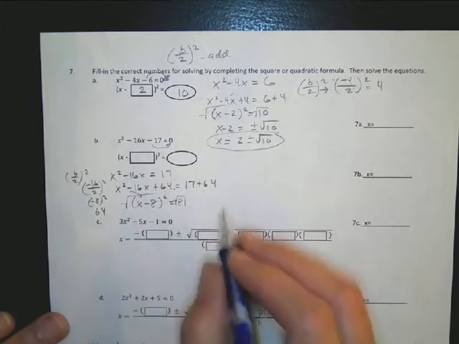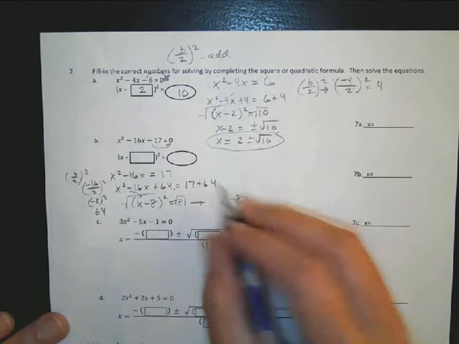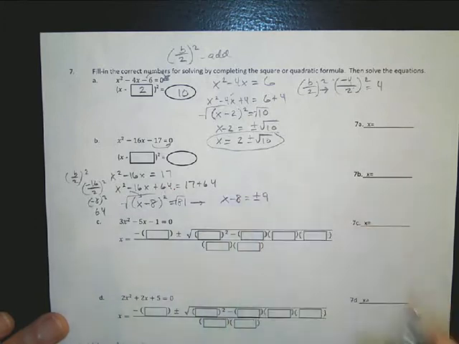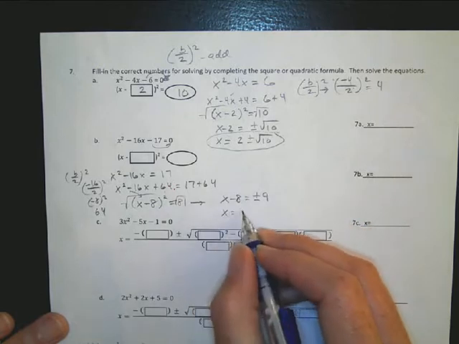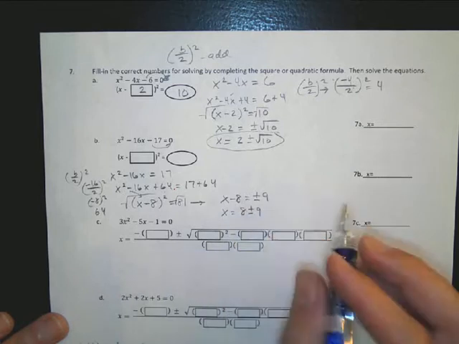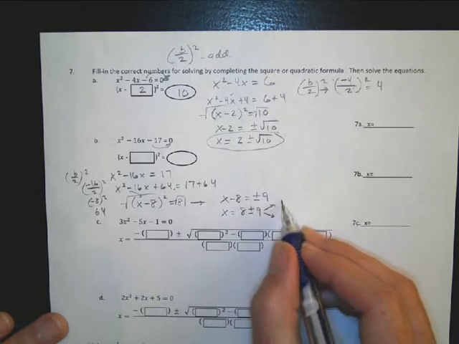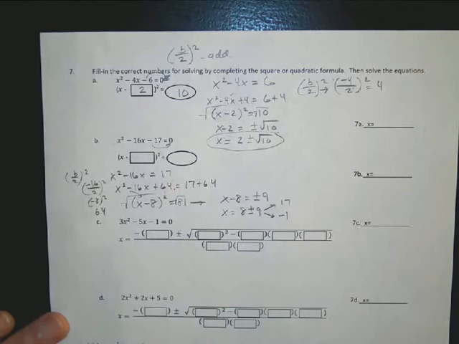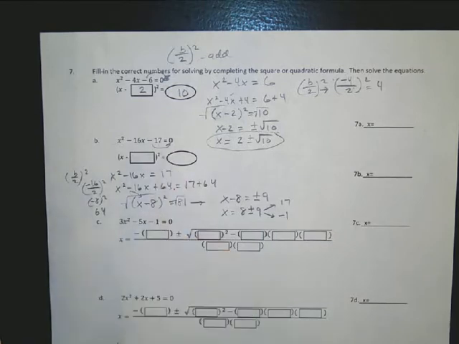The square root of this becomes x minus 8 equals, square root of 81 is plus or minus 9. And in this case here, I will do x equals, add 8 to both sides, 8 plus or minus 9. So for my two solutions, I simply add that up. 8 plus 9 is 17, and 8 minus 9 is negative 1. And those become the two solutions for that equation solved by completing the square.